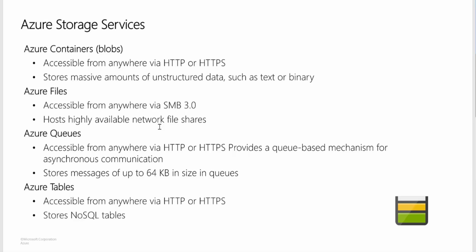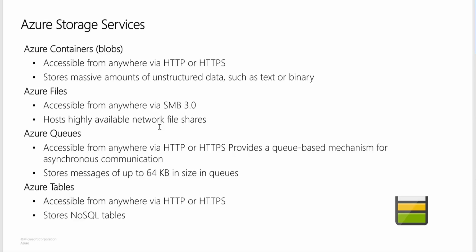Blob storage is ideal for serving images or documents directly into your browser, storing files for distributed access, streaming video and audio, storing data for backup and restore, disaster recovery and archiving, storing data for analysis by an on-premise or Azure-based service.